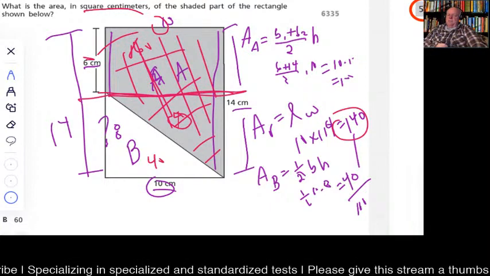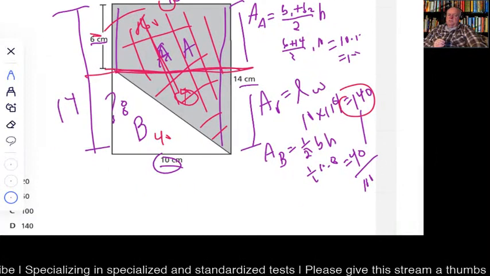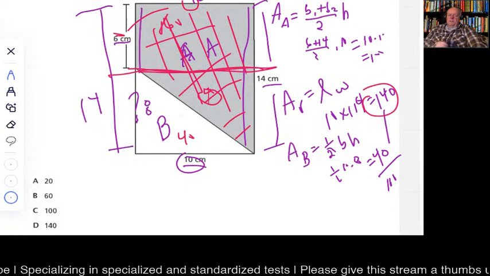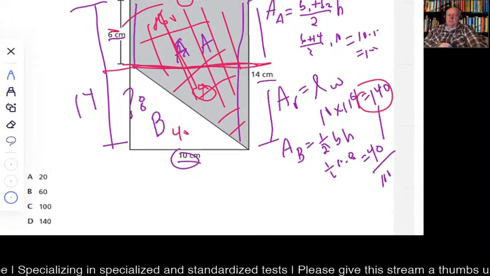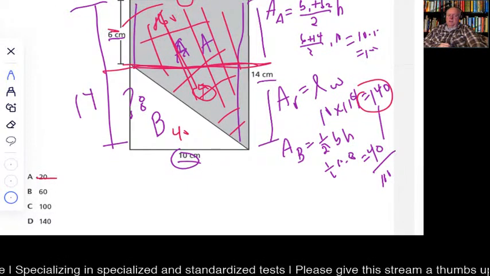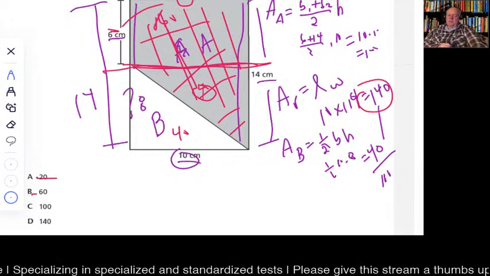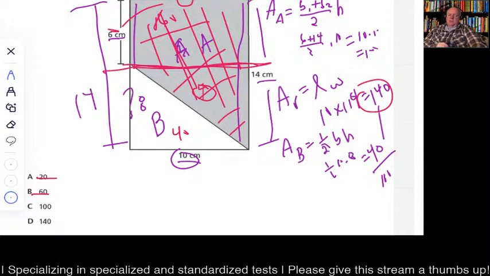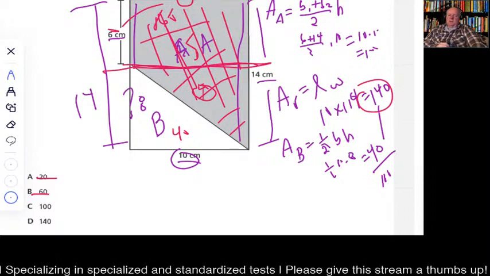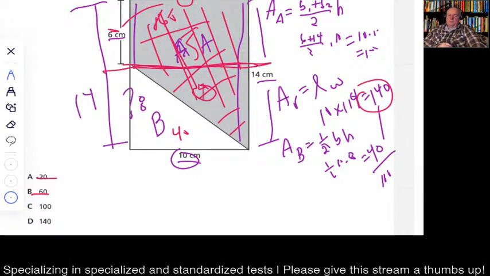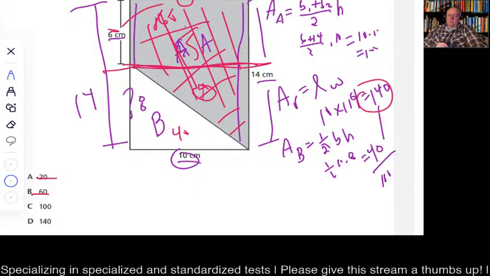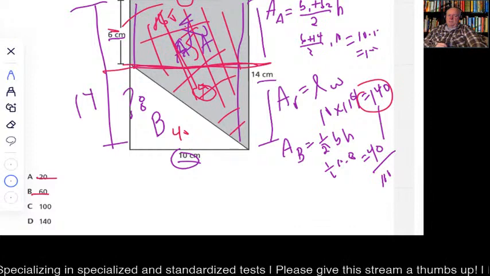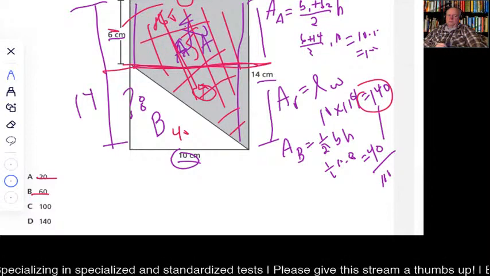So the answer can't be B because 60 is too close. I mean, sorry, the answer can't possibly be A. The answer can't be B. So 100's getting kind of close maybe, because if this here was 50, then you may not be able to figure out was it 100 or 140.